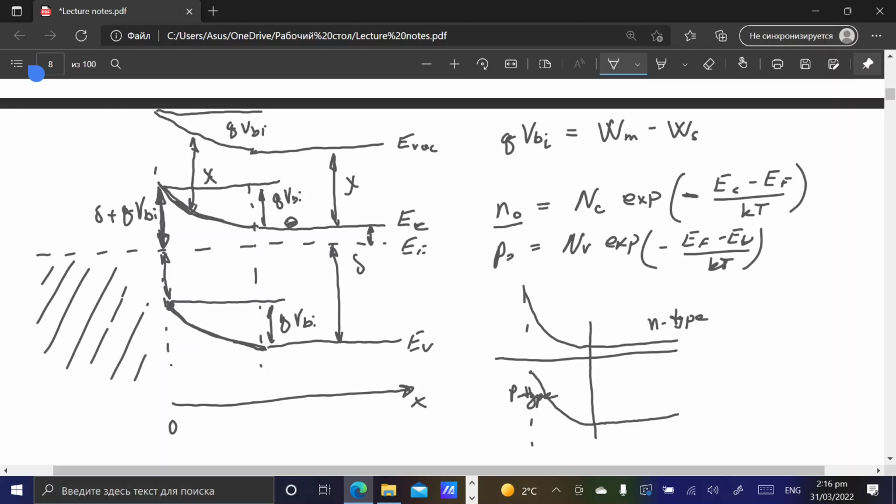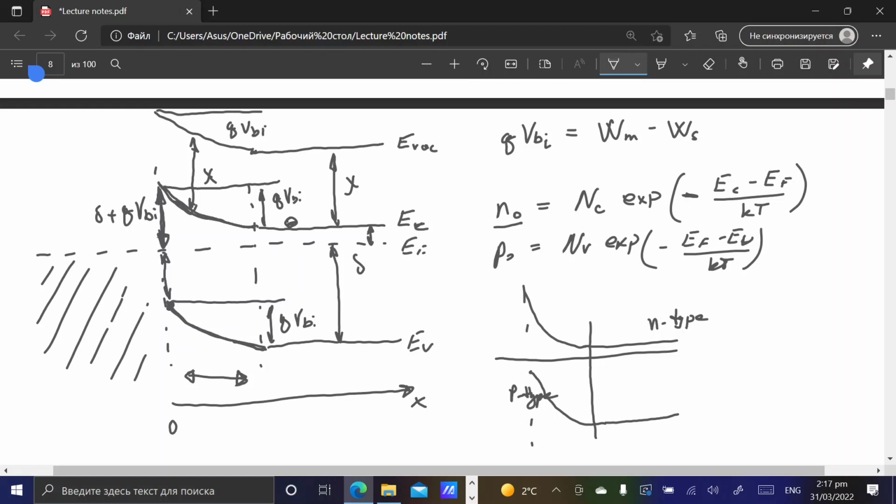So if we have less mobile charge carriers in this region next to the interface between metal and semiconductor, that means that we kind of deplete this region of semiconductor by majority charge carriers. Majority charge carriers define how conductive this material is, because conductivity is a function of charge carrier concentration.